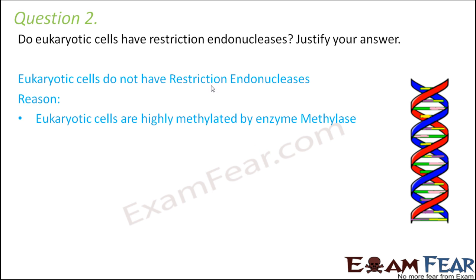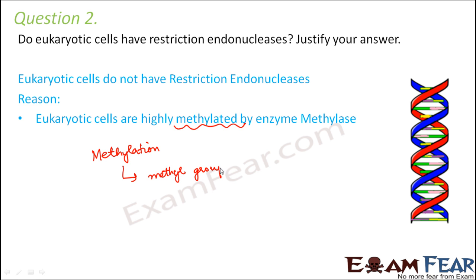Now what do we mean by methylated? What is methylation? Methylation is a form of alkylation with a methyl group. So what happens in the process of methylation? Let us first try to understand what is methylation. Methylation is derived from the word methyl. What is alkylation? That is adding an alkyl group.